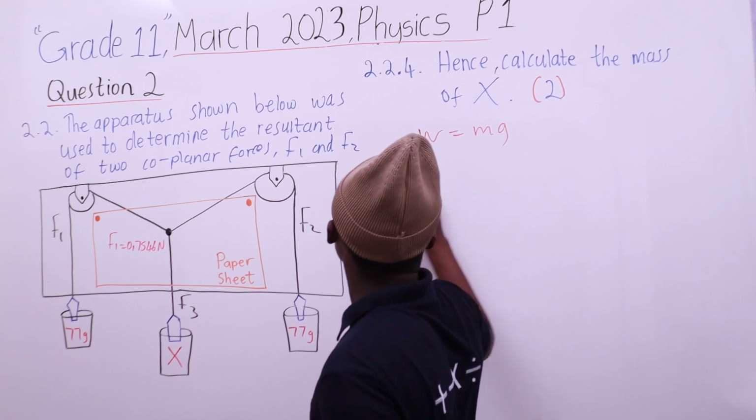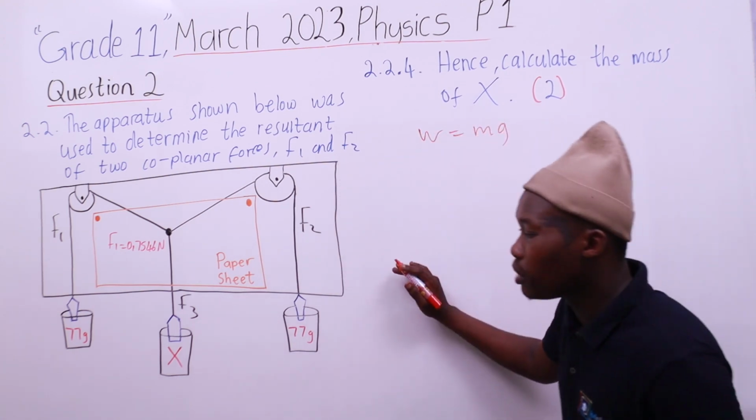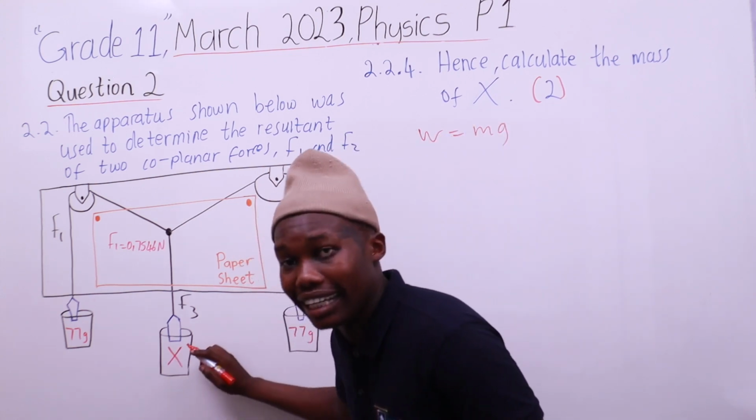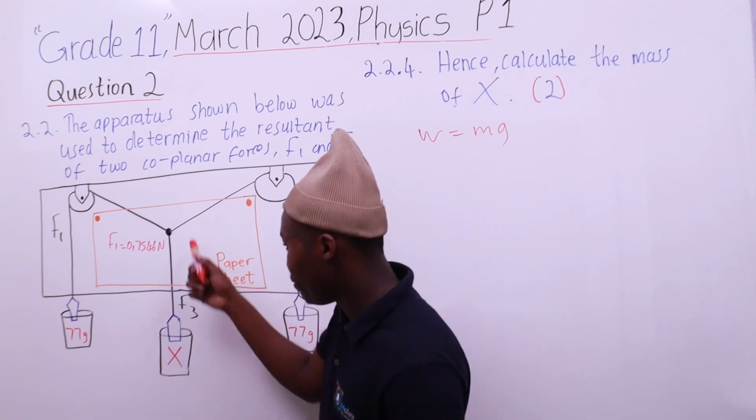Alright, so what you do here is find the mass of x. The mass of x is that one. So you must know it is the force F3.